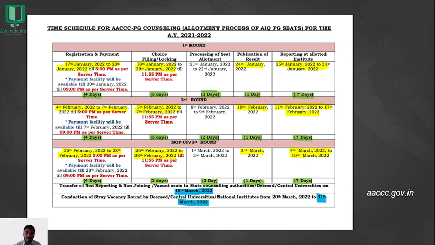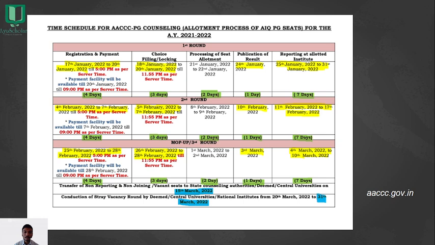Coming to the choice filling or locking of the choices, a time window of 3 days is given, from 18th of January till 20th of January, and the publication of result will be done on 24th of January. For reporting at the allotted institute, a 7-day time window is given to the candidate, from 25th of January till 31st of January. This is about the first round.